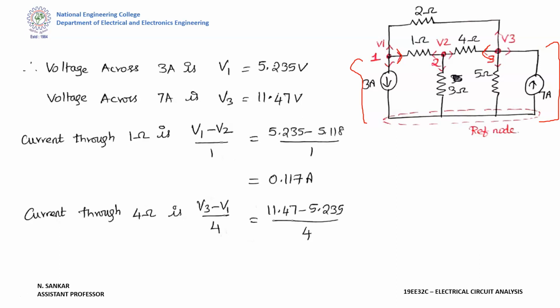So V3 is 11.47 minus 5.235, divided by 4, is equal to 1.559 ampere. If you want, you can choose V1 minus V3 also, but the value will be negative. You will get the answer as minus 1.559, but the arrow mark will be from V2 to V3. Okay, so you can choose either one, but the magnitude will be the same. The polarity or direction will vary.